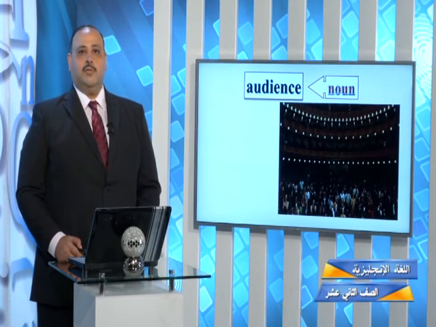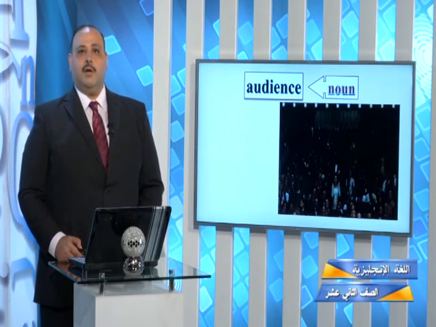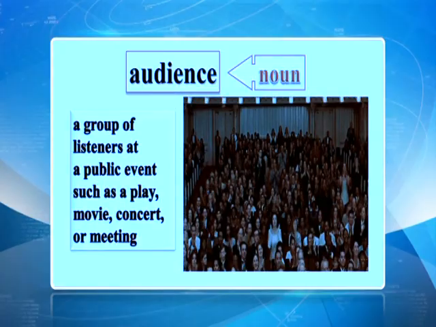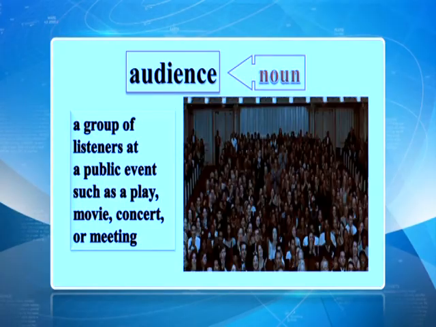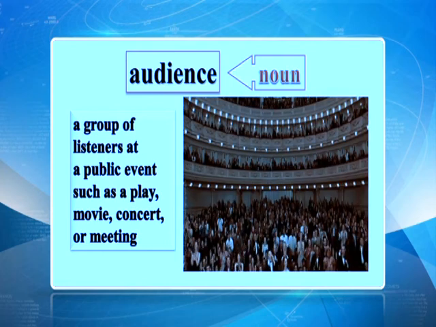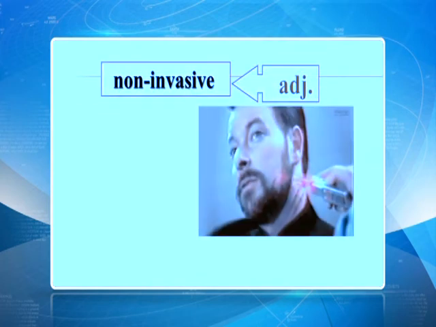So what can you see in the picture? That the audience here are clapping or cheering. So what do I mean by audience? A group of listeners at a public event, such as a play, movie, concert, or meeting. Let's move to another one.